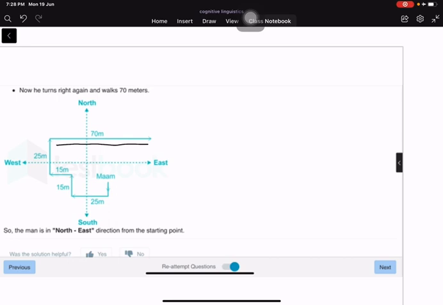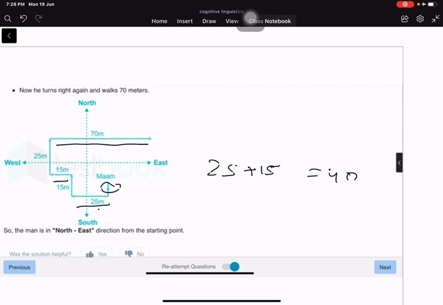Therefore, the total distance covered here is 25 meters and 15 meters, and from there he has walked leftwards by 40 meters to where his initial position was, right?